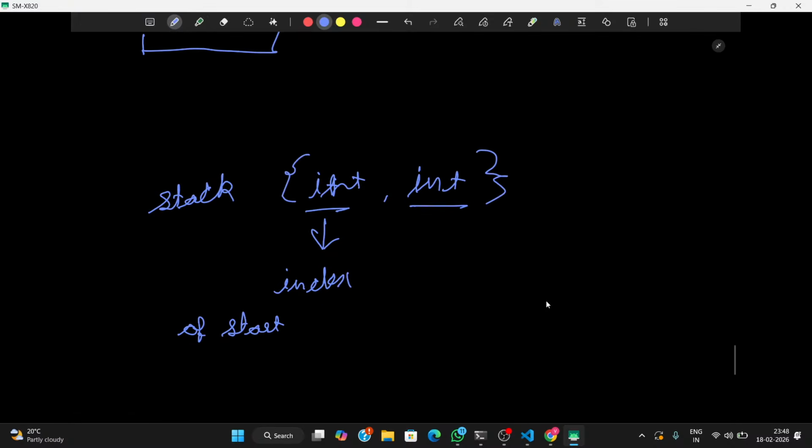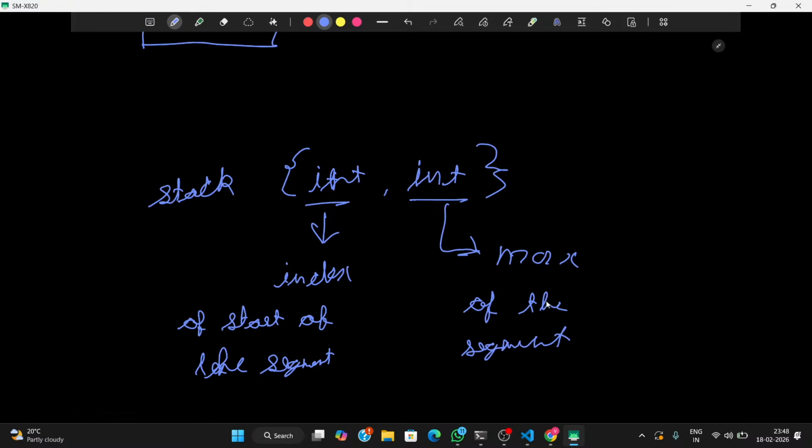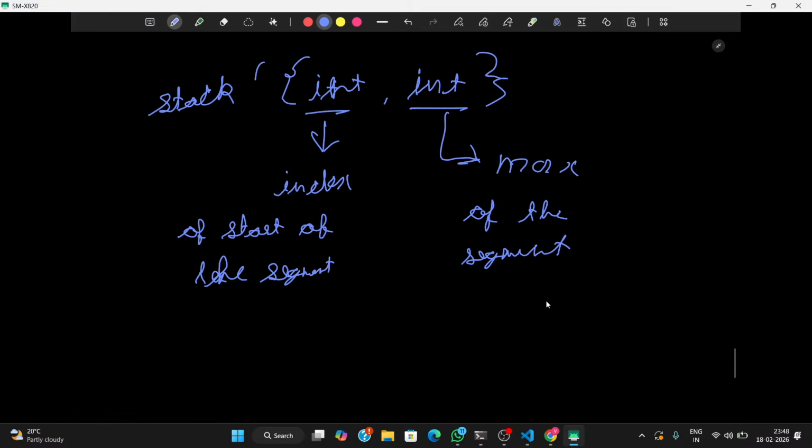The first int represents the index of the start of the segment, and the second int represents the max element of the segment, the current max of the segment. So we will have a stack of pair of int comma int. That's what we will store.